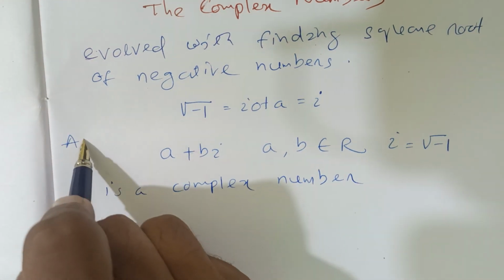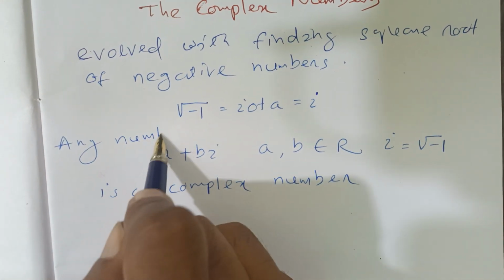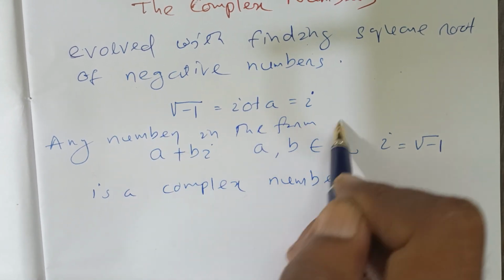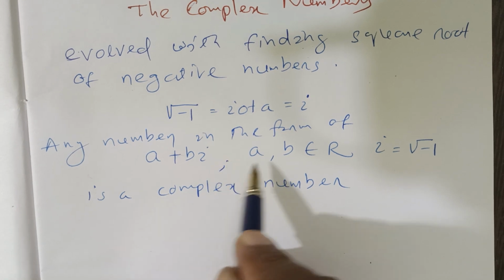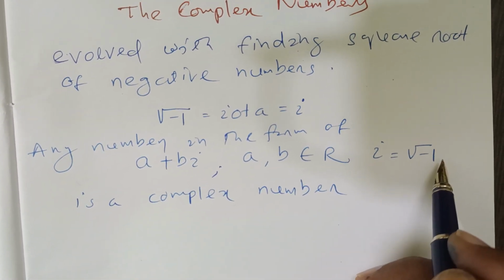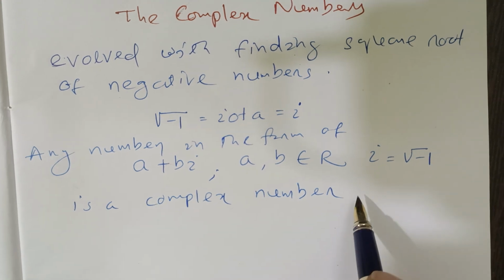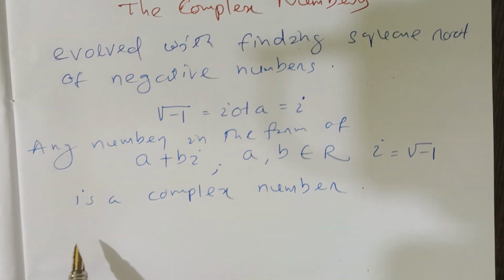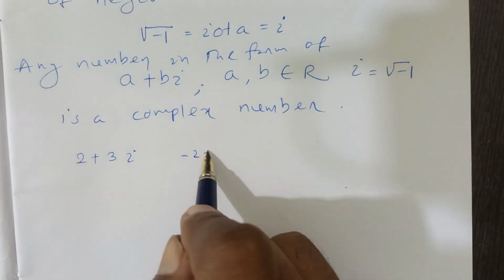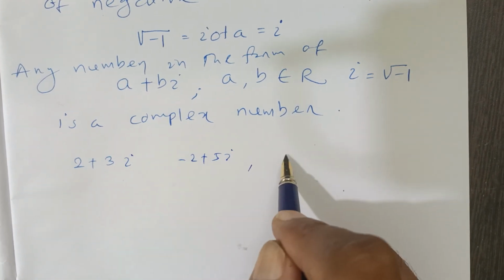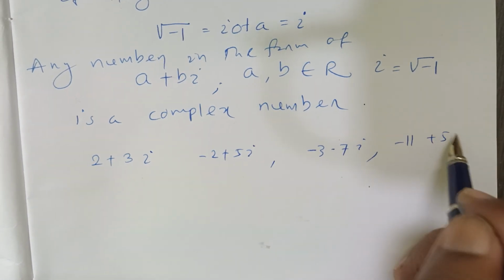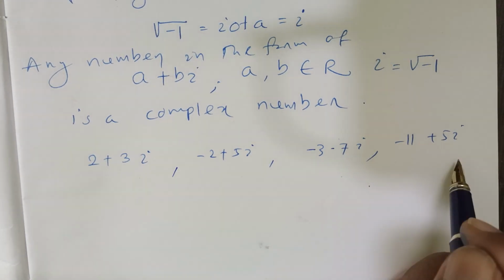Any number which can be expressed in the form a + bi, where a, b are real numbers and iota is the square root of -1, is a complex number. For example, 2 + 3i, -2 + 5i, -3 + (-7)i, -11 + 5i. All these are examples of complex numbers.